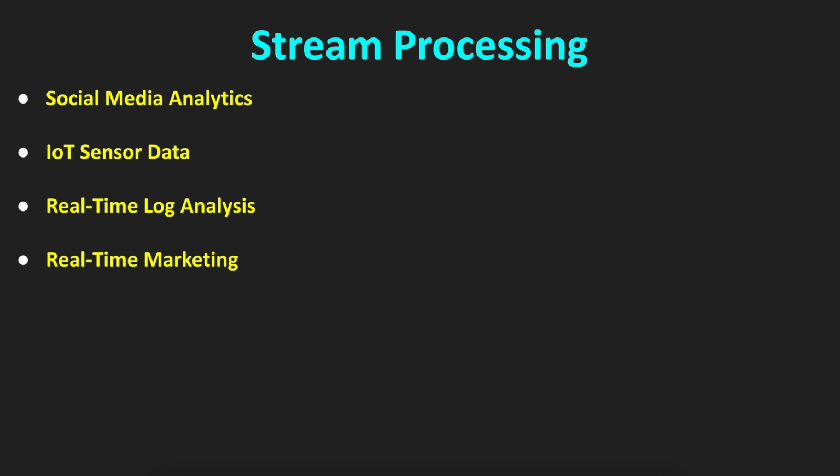And the next one is real-time marketing. For e-commerce websites, we use it to analyze user behavior, clicks, and interactions in near real time, and we show personalized product recommendations and offers.